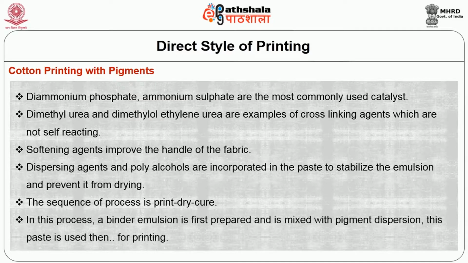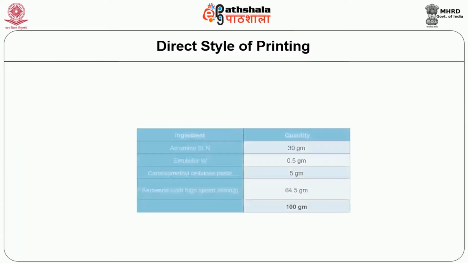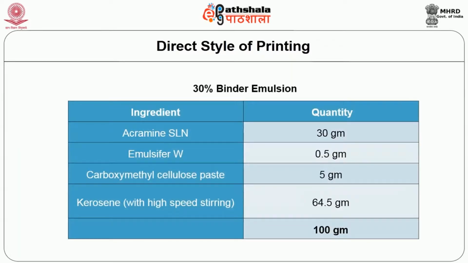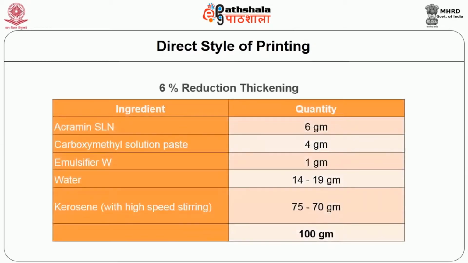In this process, a binder emulsion is first prepared and is mixed with pigment dispersion. This paste is used then for printing. The table shows the ingredients for binder emulsion. It consists of acramine SLN, an emulsifier, carboxymethyl cellulose paste and kerosene. Table 2 shows ingredients for reduction thickening.